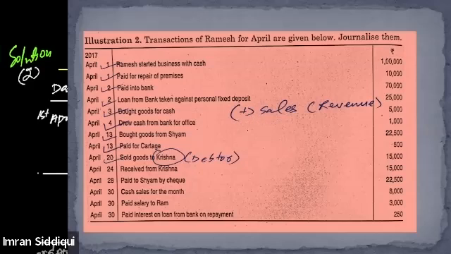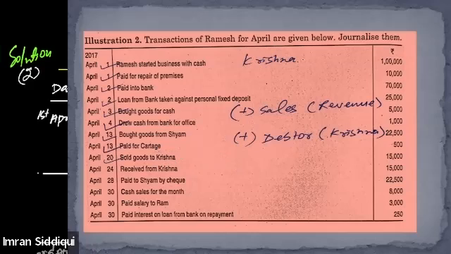Number two, since we are selling goods on credit to Krishna, our debtor will also increase. Krishna is our debtor, and debtor is an asset. So will it be Krishna account debited to sales account? Yes, that's correct. Krishna account debit to sales account.